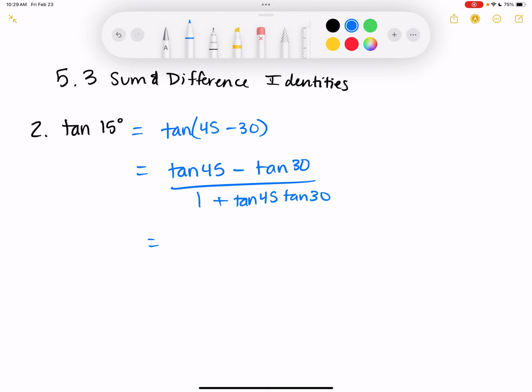One. Minus tangent of 30, which is root 3 over 3.